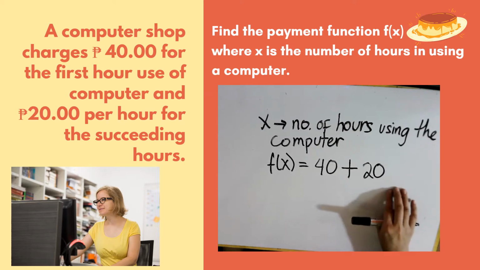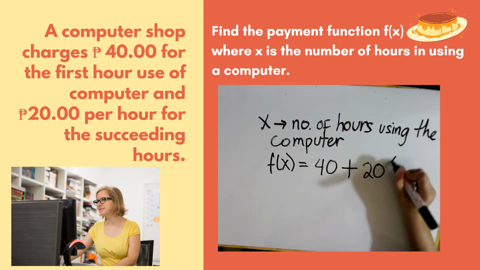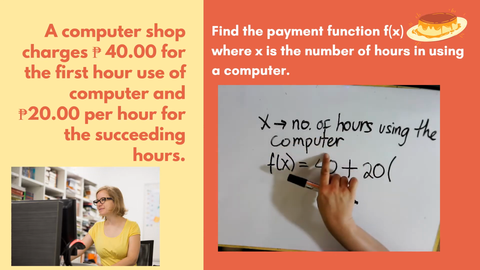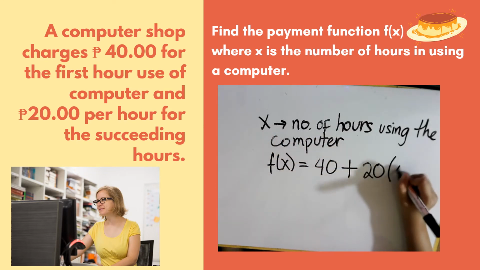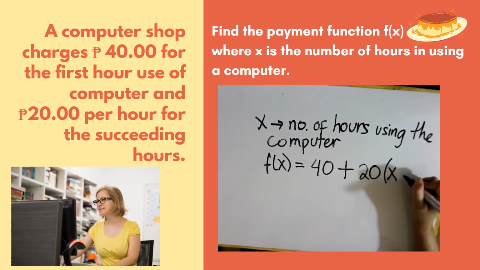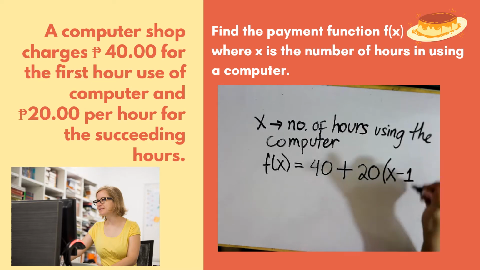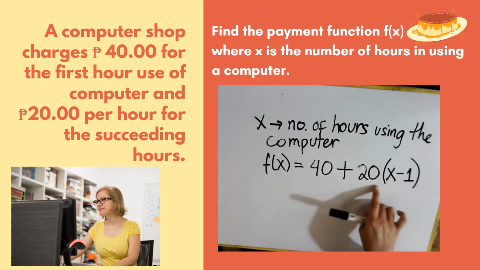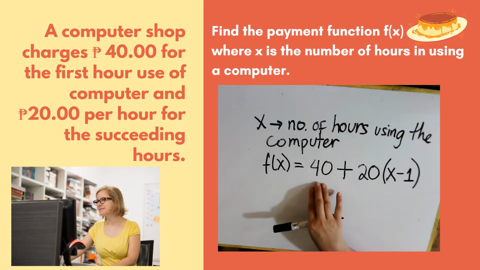Since hindi kasama sa first hour yung rate na 20 pesos, so kung ilan man yung total number of hours mo, which represented by x, we need to subtract 1 for the first hour kasi yung unang oras mo ay hindi mag-a-apply sa rate na 20 pesos kundi nandito na.